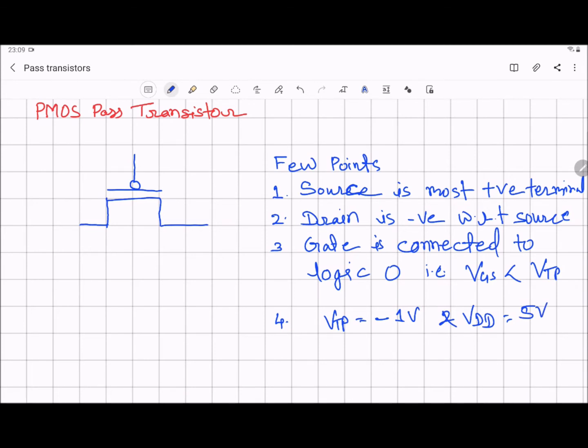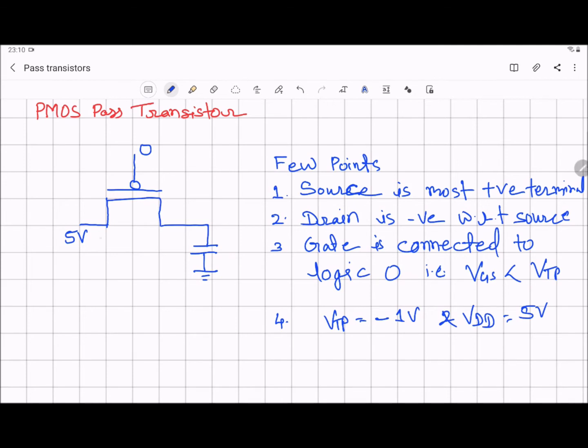Now let us assume that I have connected gate terminal to logic 0 and 5 volt at one of the terminals, and the other terminal is connected to a capacitor. I am assuming that the initial value in the capacitor is 0 volt.